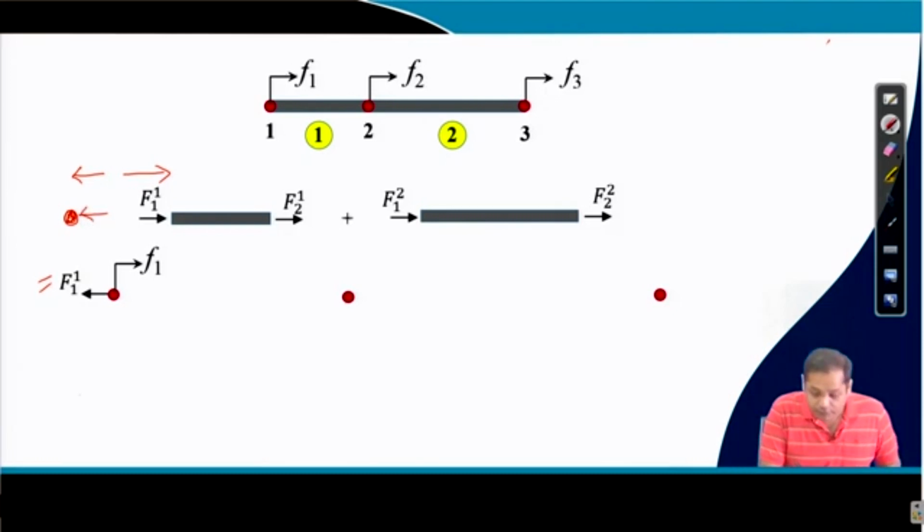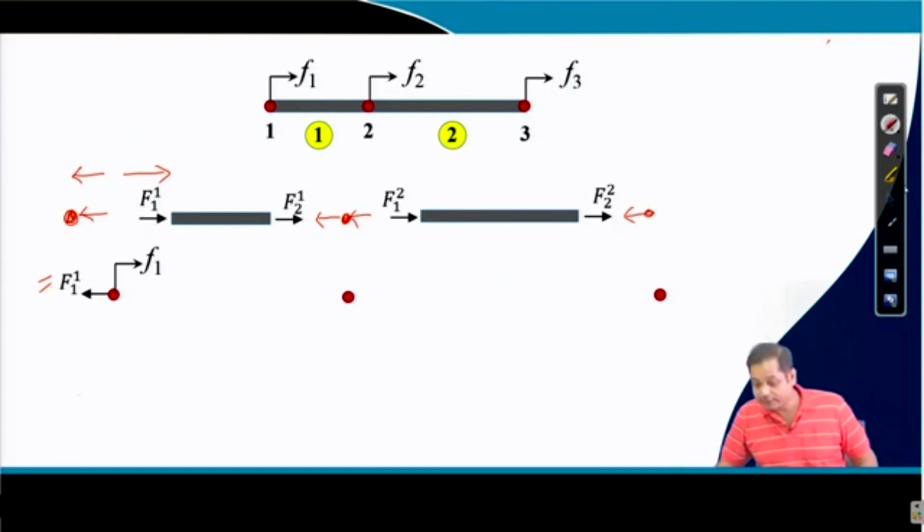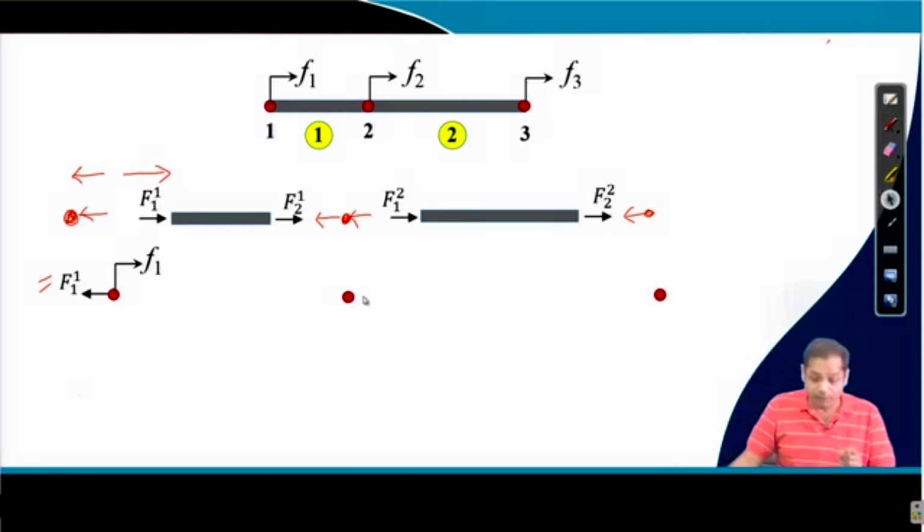Now similarly, if you have a node here, the F22 on the member in this direction will be in this direction here. And similarly, you have a node here. This will be in this direction here. So let us draw the free body diagram of node number 2.